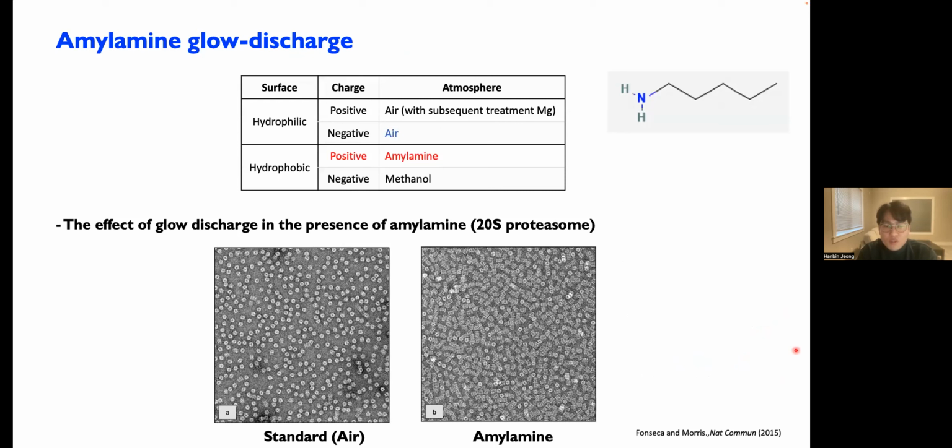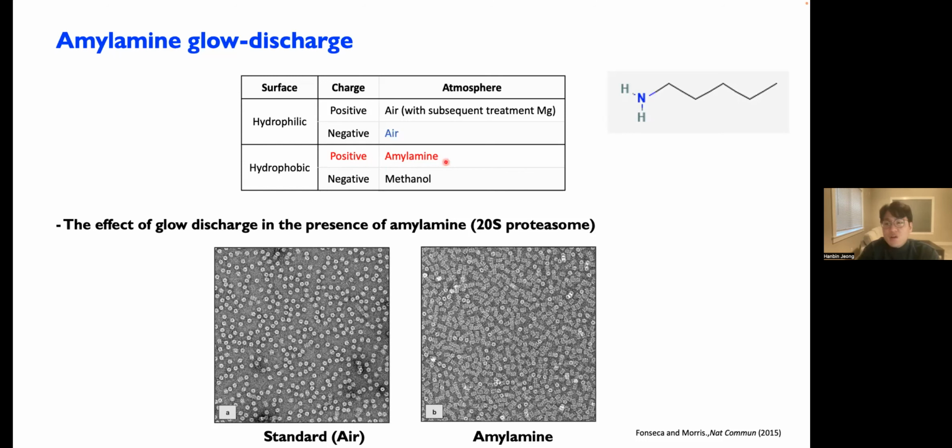So to overcome these particle orientation issues, I tried to run glow discharge in the presence of amylamine. It is known that the glow discharge method is used for cleaning the carbon surface as well as modifying the carbon surface. So unlike the normal glow discharge with air, amylamine changes the surface charge to positive.